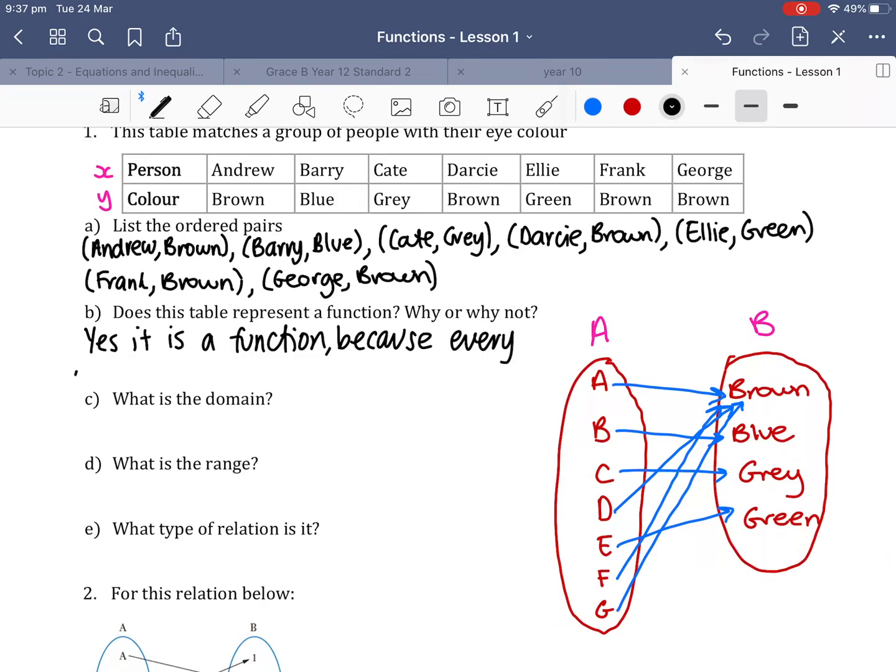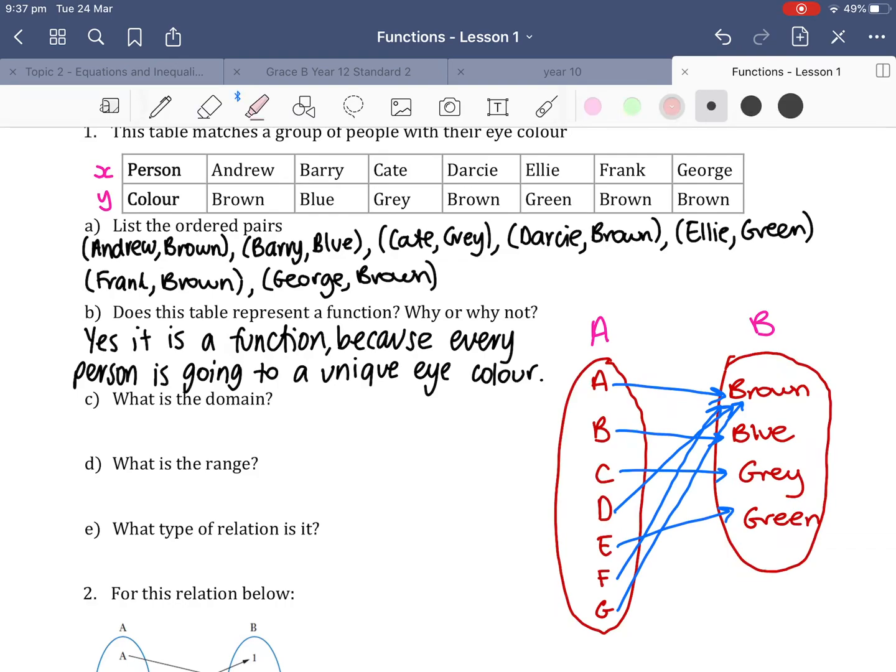Because every person is going to a unique eye colour.